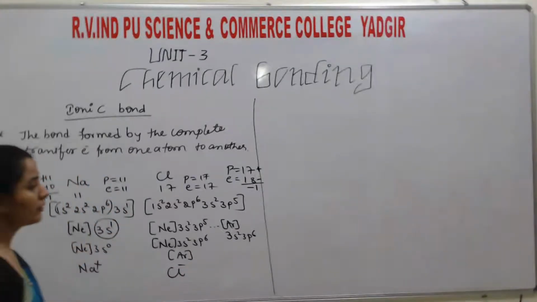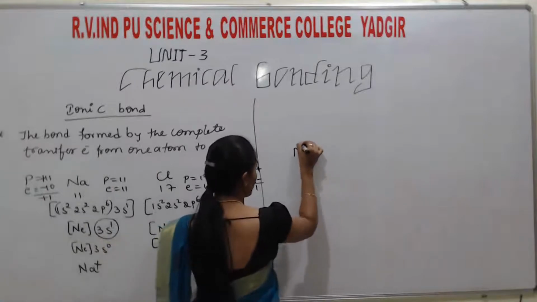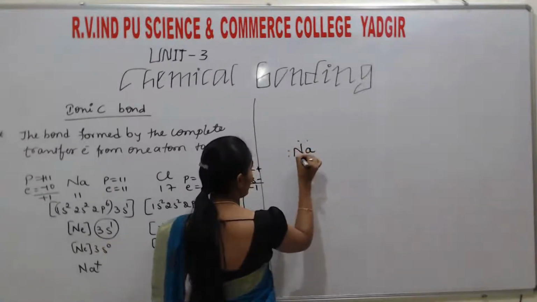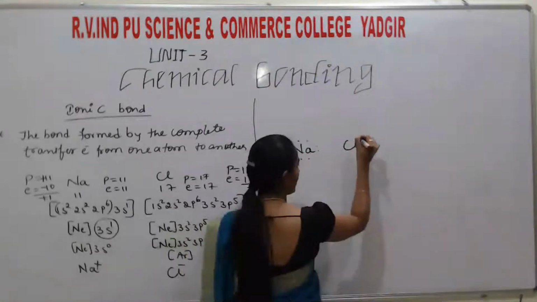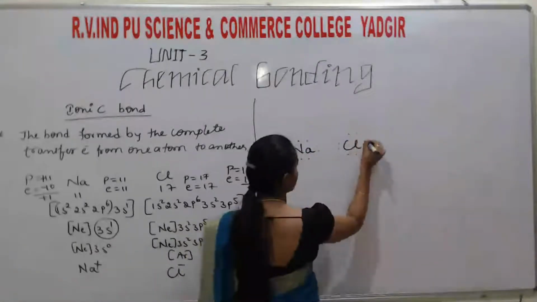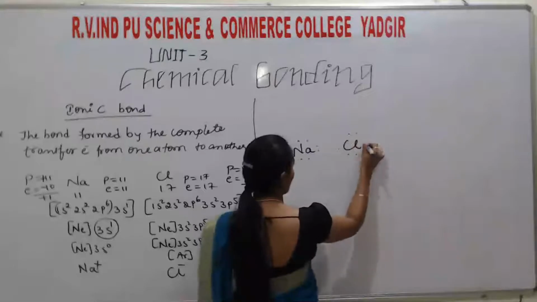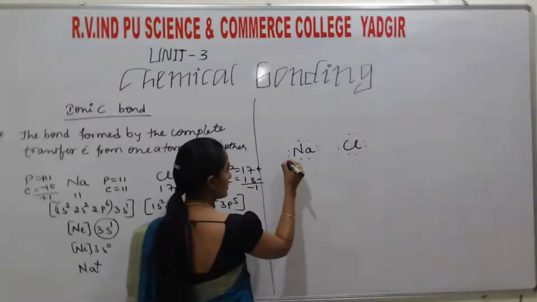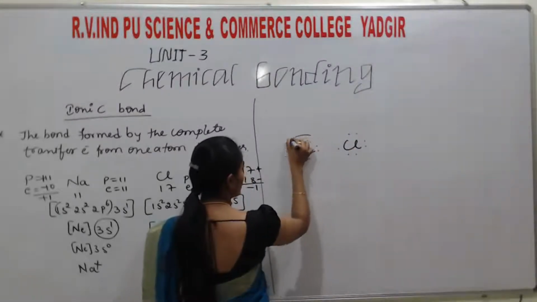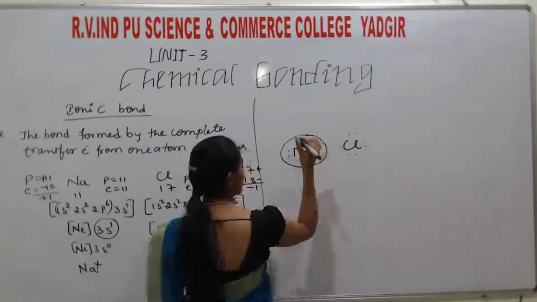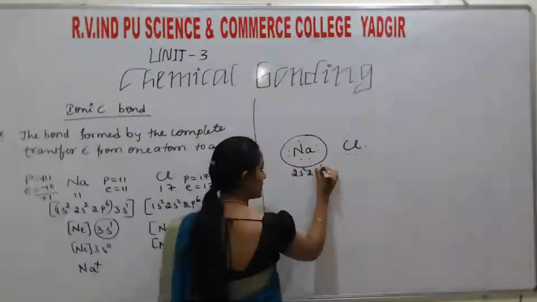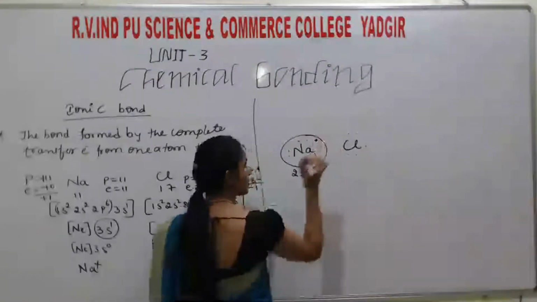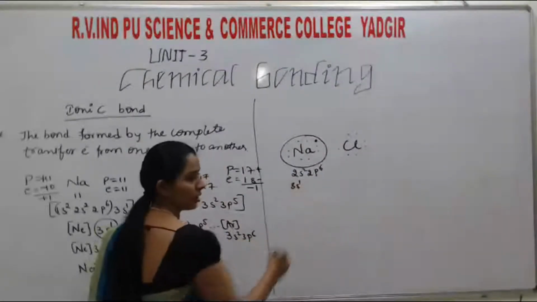Okay. So how will the bond take place? So listen. Here Na is there. It attains noble gas configuration. So Cl is there. It attains it too. It has one electron less. 2s2, 2p6 it is. One extra electron is here, that is 3s1.